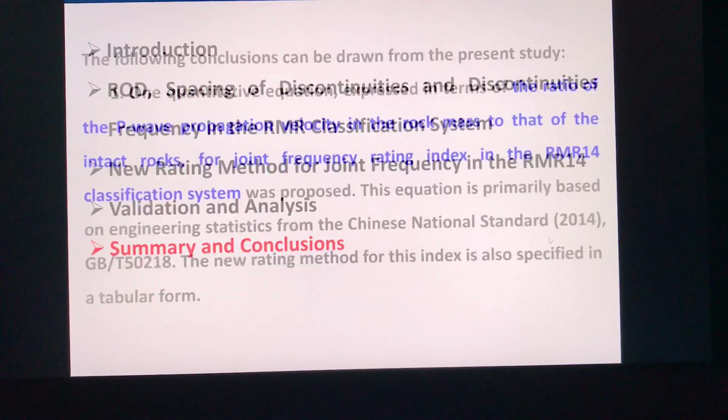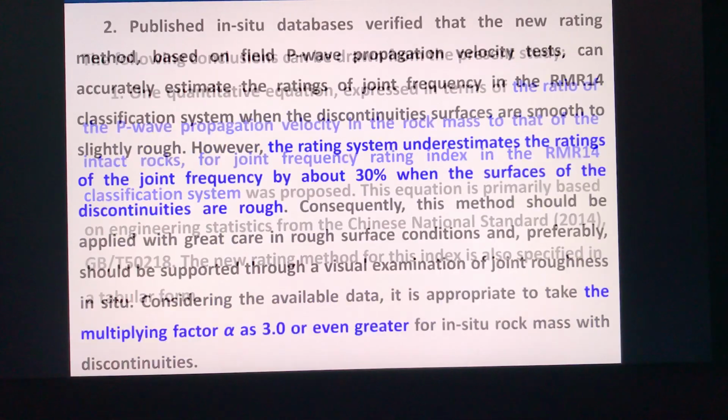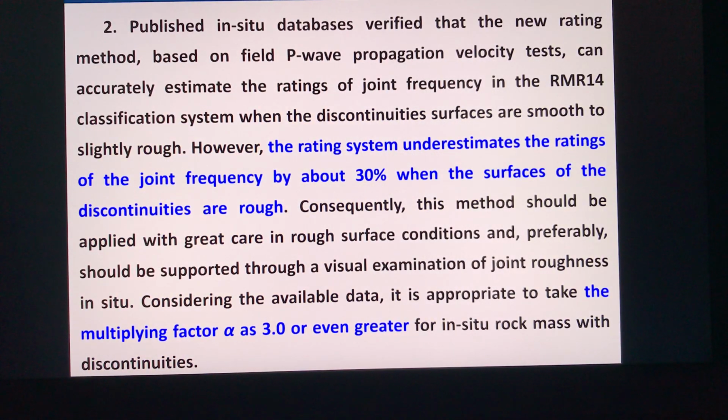Summary and conclusion. One is the ratio of the P-wave propagation velocity in a rock mass to that of the entire rock, used for the joint frequency rating index in the RMR classification system. Next, our method underestimates the ratings of joint frequency.